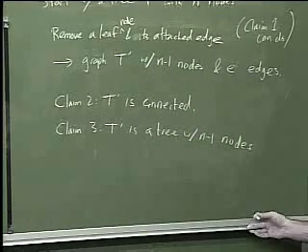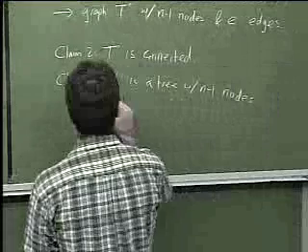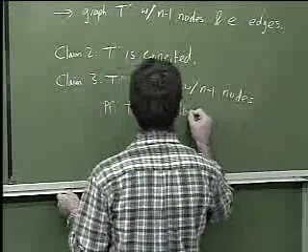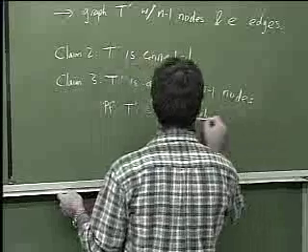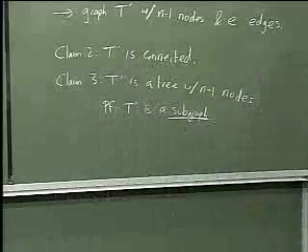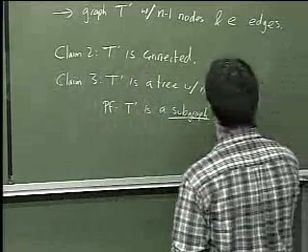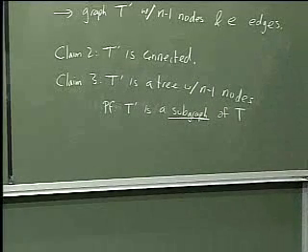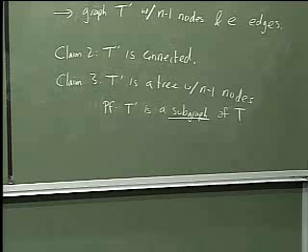Right, and the proof is T prime is a subgraph of T. I guess I never defined subgraph, but I should. So we'll do that soon. Subgraph means you have an original graph and you remove nodes and edges, and it's what you're left with. That's a subgraph. T prime is a subgraph of T.